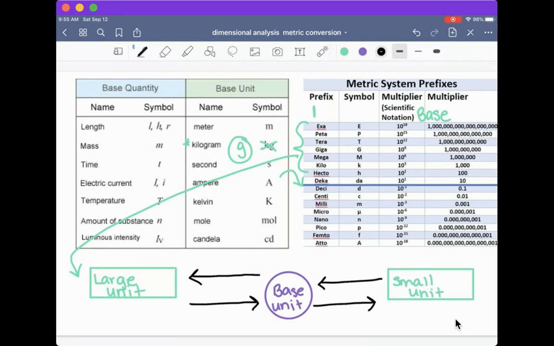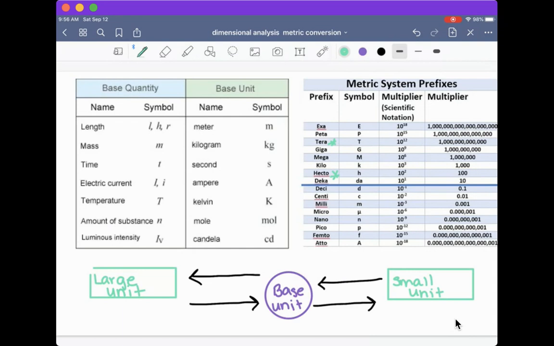So let's say, for example, I wanted to convert between the tera and the hecto. The tera and hecto are both larger units.